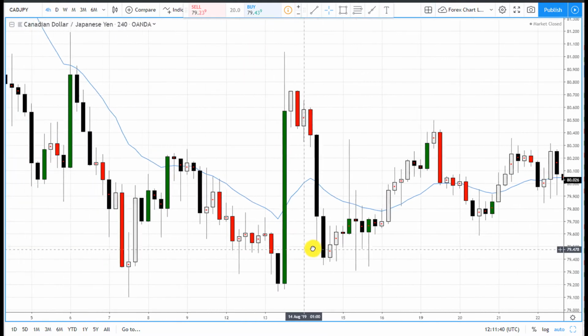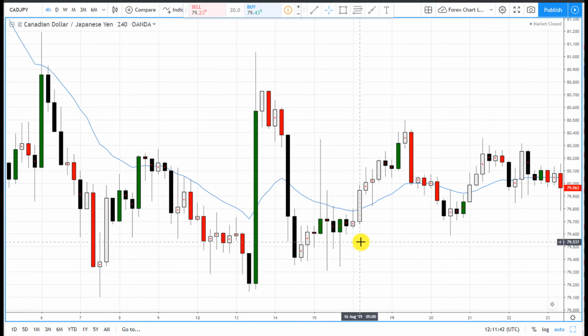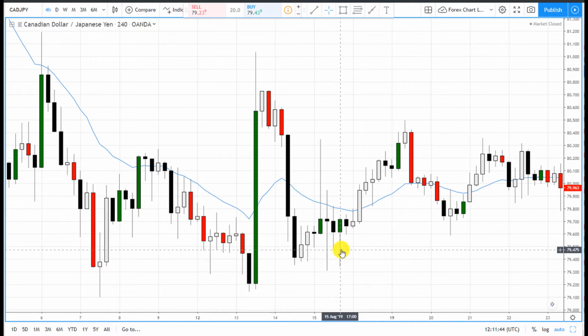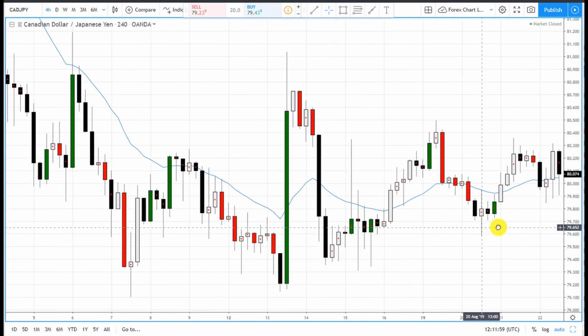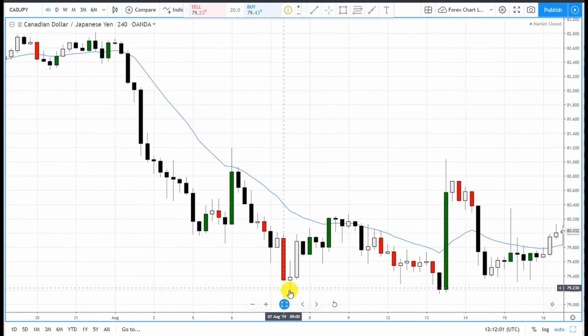With the bullish pin bar, whenever you see these long wicks at the bottom of the candle, buyers are stepping up. So buyers stepped up here and then stepped up there, and so on. So this would be a bullish pin bar.